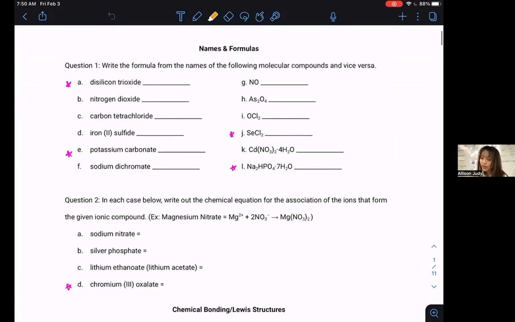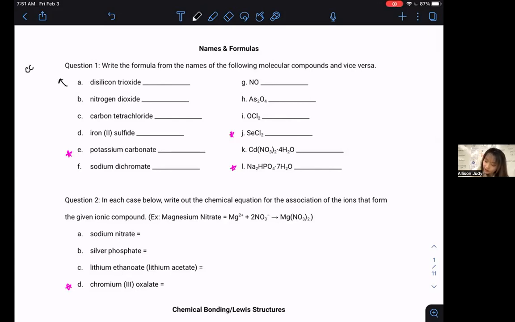So remember with molecular compounds that we can't figure out through math how many atoms are in the compound. We can't figure out the law of constant composition. We can't figure out the molar ratio between the atoms, the subscripts in that molecule, because it is sharing, right?